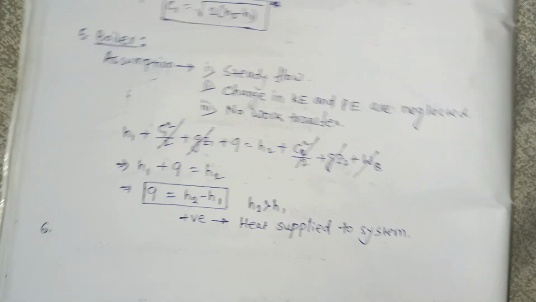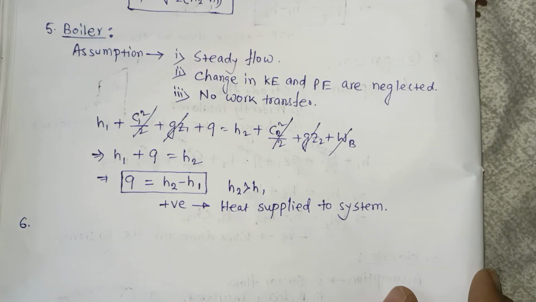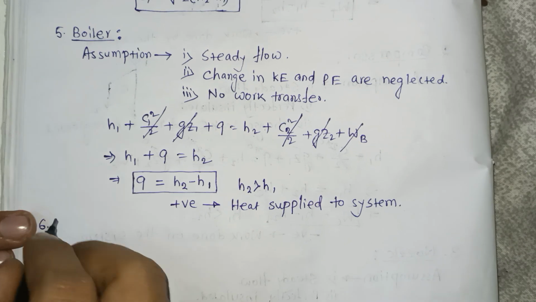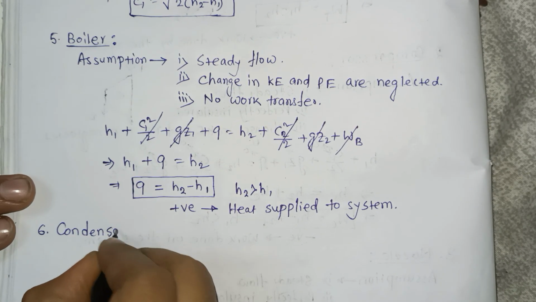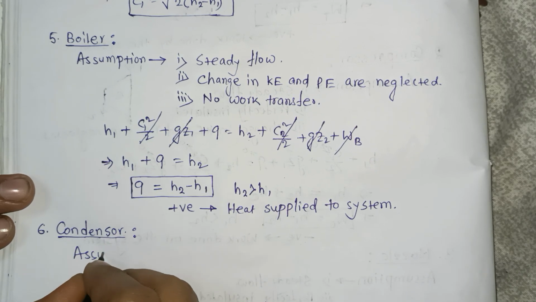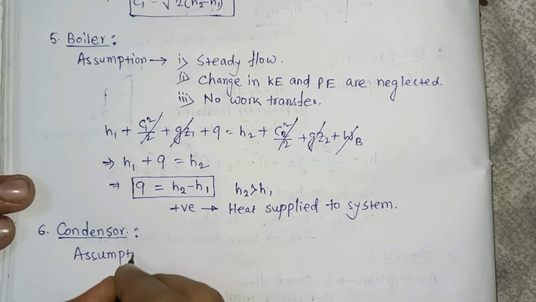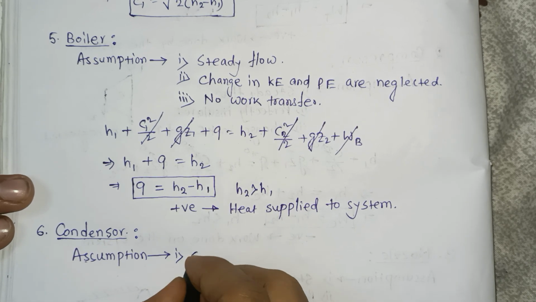Okay, now the sixth component is the condenser. So apply assumptions, there are some assumptions. First assumption is steady flow.